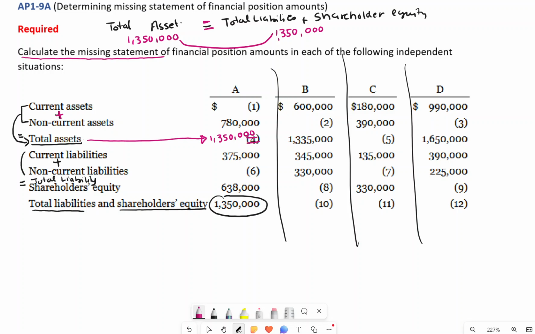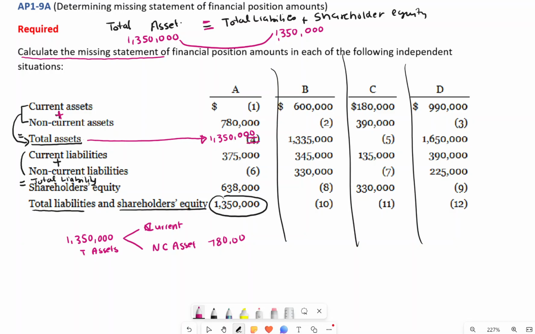In other words, I need to take my 1.3 million, that is my total assets. The total is made of my current assets and non-current assets. So my non-current assets are 780,000. My total assets is 1.3 million.